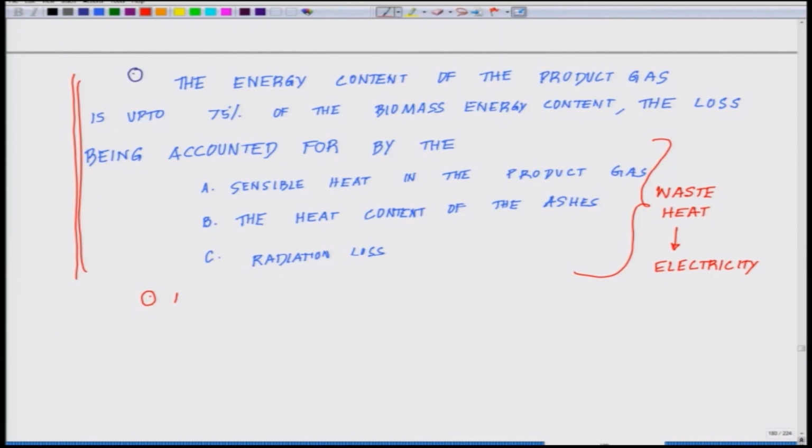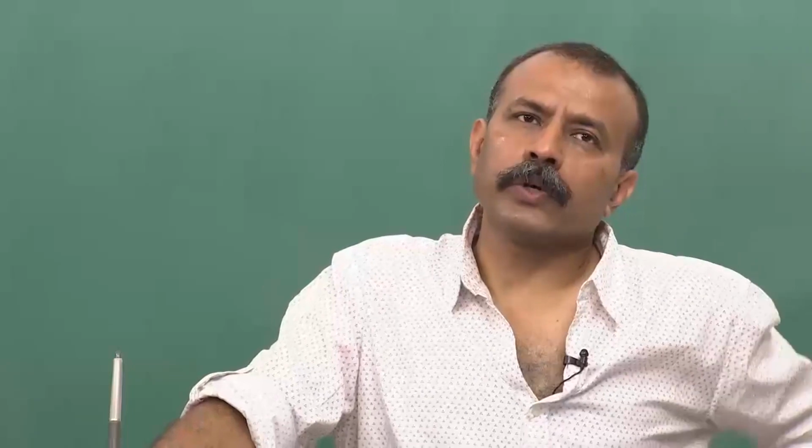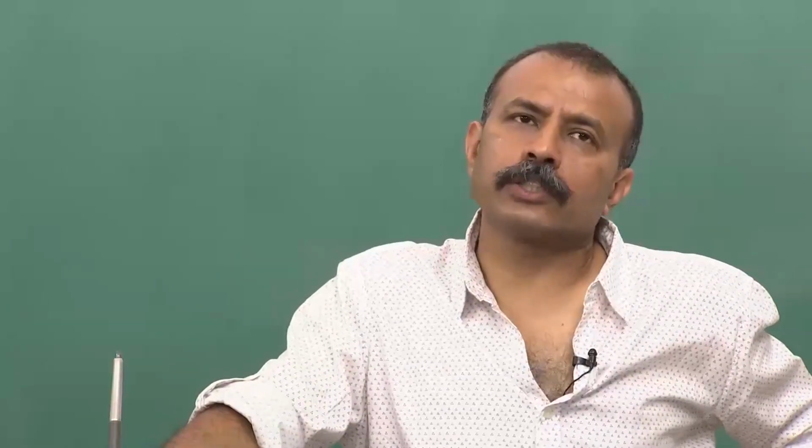During this process you are developing a lot of charred products, and those charred products mostly go as a loss or as a waste. But there are technologies by virtue of which we can do further processing of the char to develop some really high efficiency, good quality gas. So, this is what we are highlighting here.